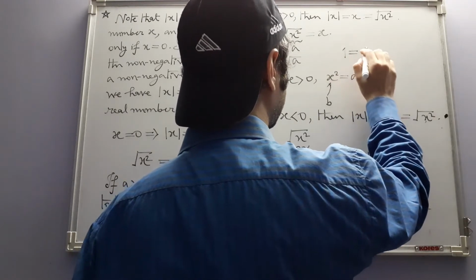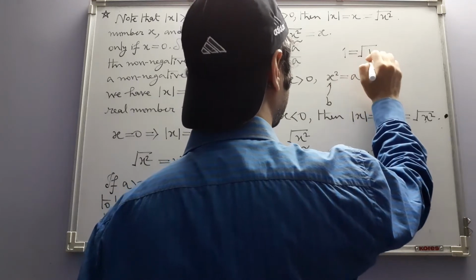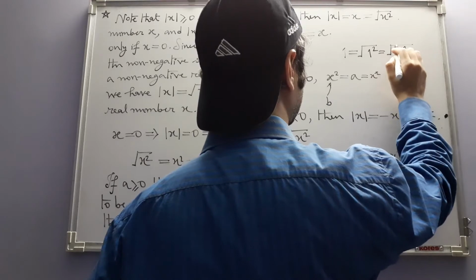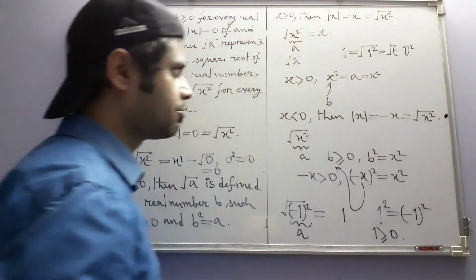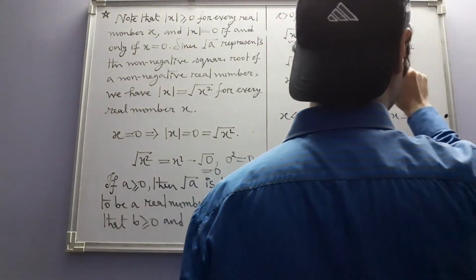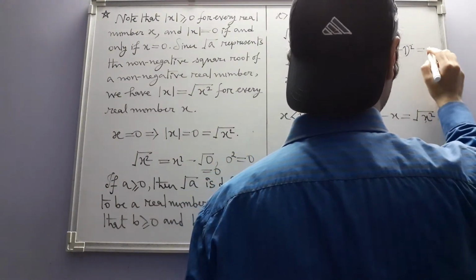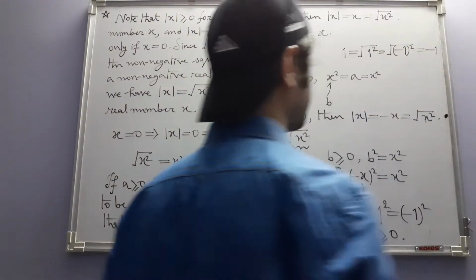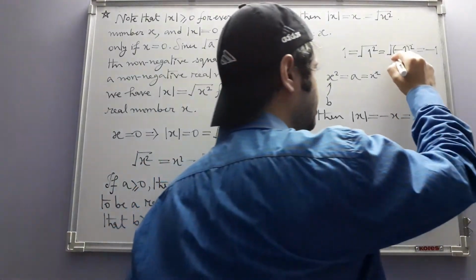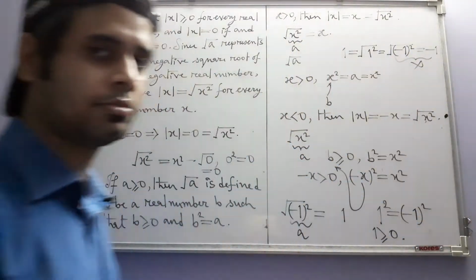1 is equal to square root of 1 square, but 1 square is equal to minus 1 square. So you take square root on both sides, so you get this. Then you cancel square and square root and have minus 1. Thereby you seem to have proved that 1 is equal to minus 1. But this step is wrong.